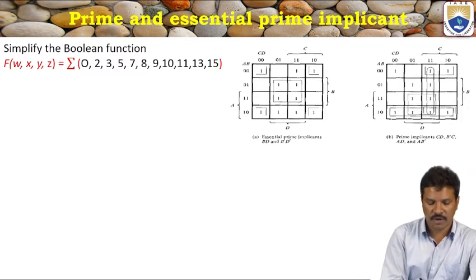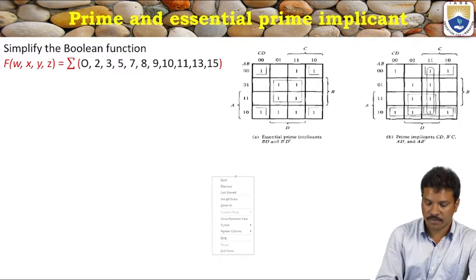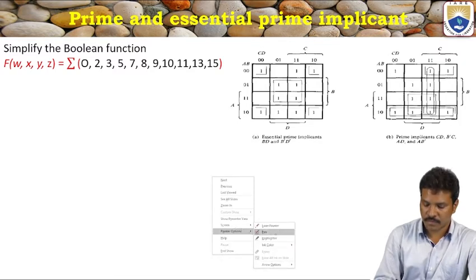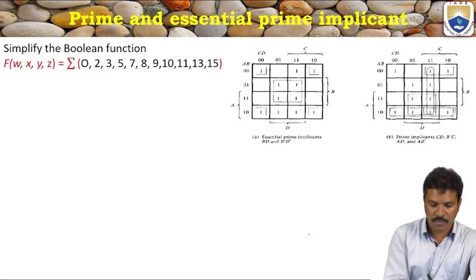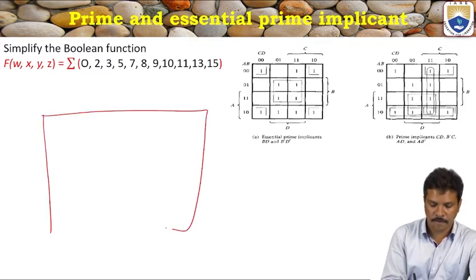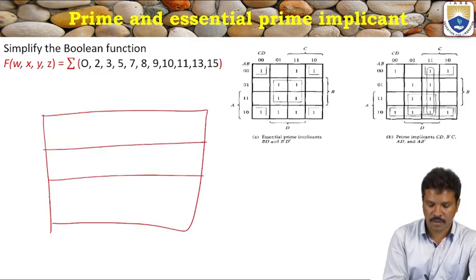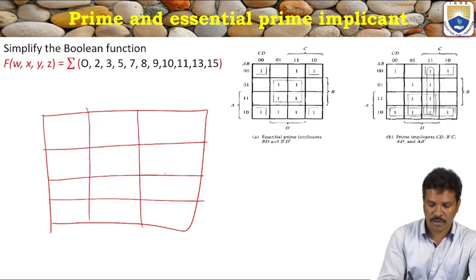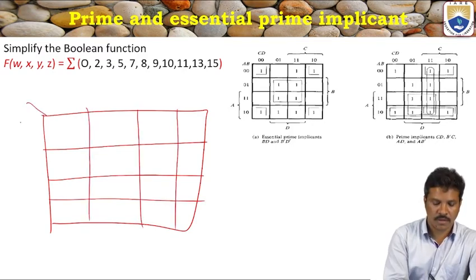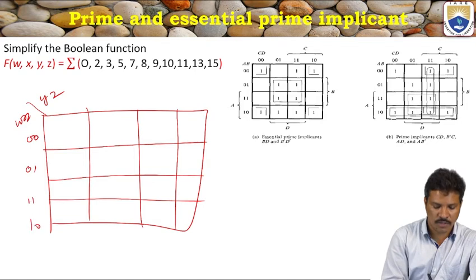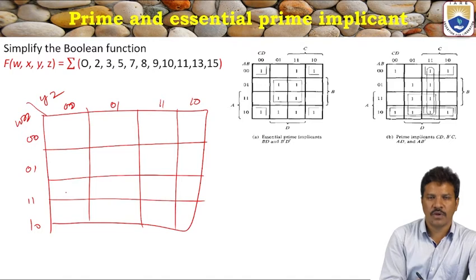So we will see that one. Take the 4 variable table, with wx and yz, and 00 01 11 10 on both axes. We note all the box numbers, starting with 0.